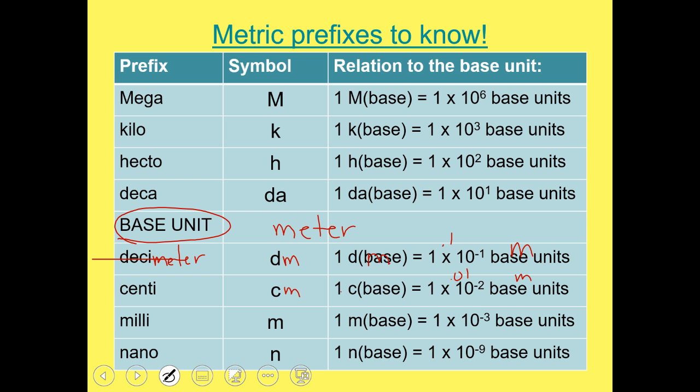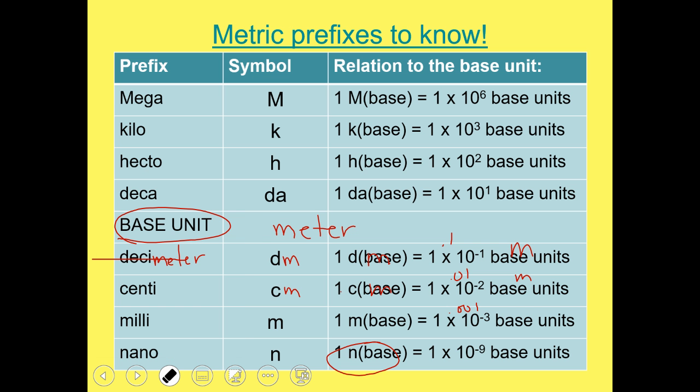So 1 centimeter is equal to 1/100th of a meter, and so on, with milli being 1/1000th, 0.001. And then there are other units in between milli and nano, but this is the only other one that you're going to need to use in this class.